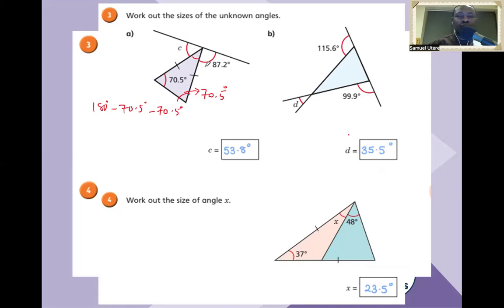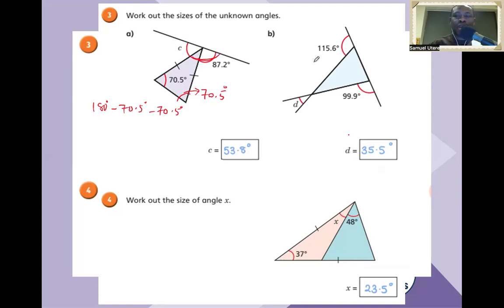Now you can see that we're going to know these two angles put together, because whatever result we get from this calculation, we can add it to 87.2 degrees. And then whatever we get, if we subtract it from 180 degrees, we're going to get angle C, and that's going to be 53.8 degrees.